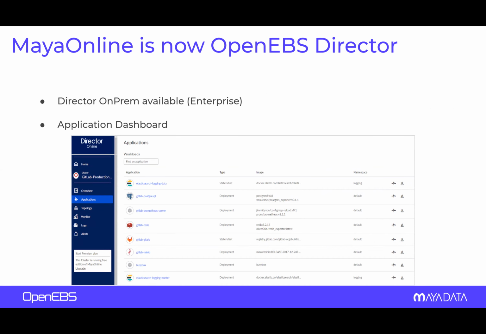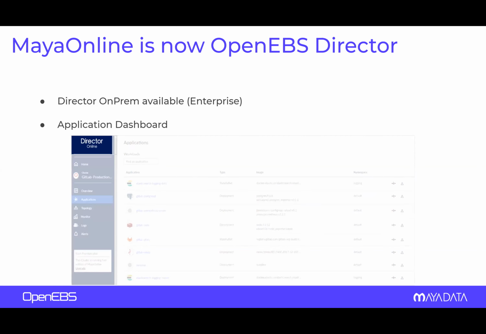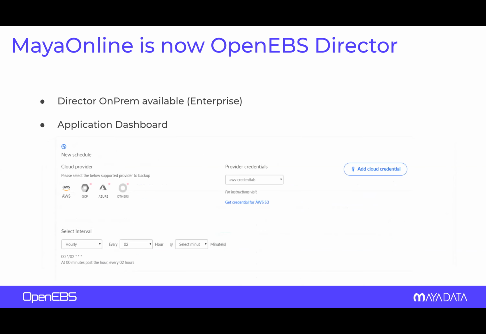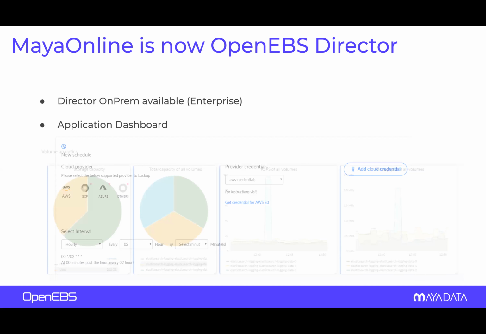You can get application-specific dashboards, which give you volume information, and you can also take granular, application-specific snapshots. It's called DMS, Data Migration as a Service, on the interface.